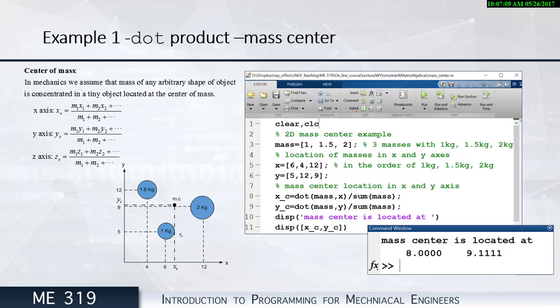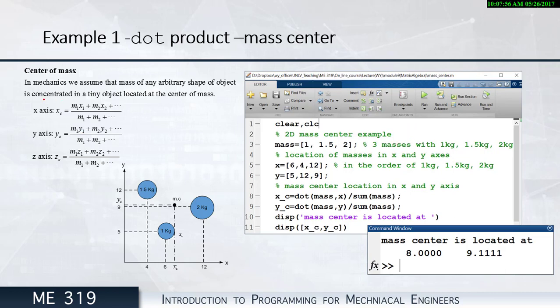This is an example of using the dot product in mechanics. We often need to find the mass center of multiple masses to apply Newton's equation. In mechanics, we assume that the whole mass is concentrated in a tiny object located at the mass center.